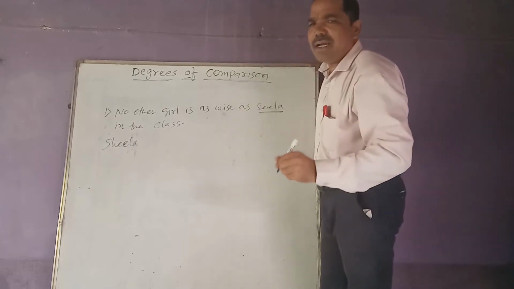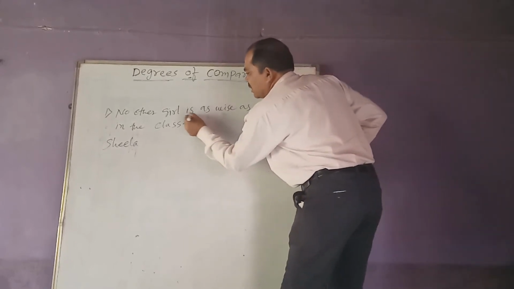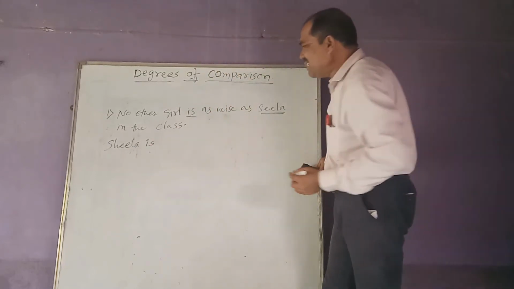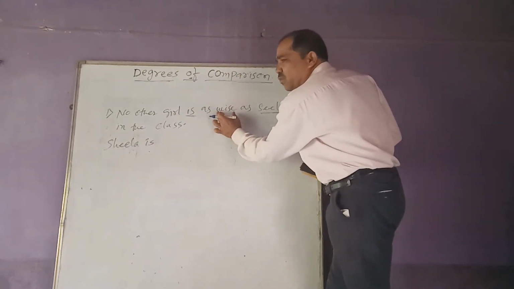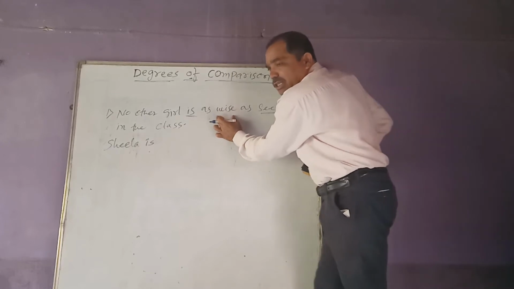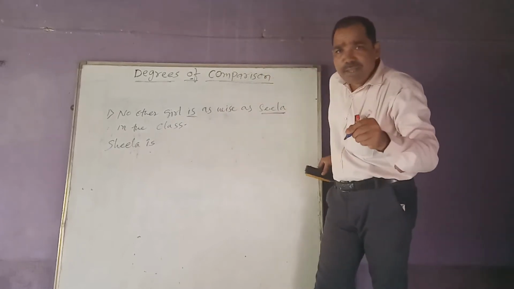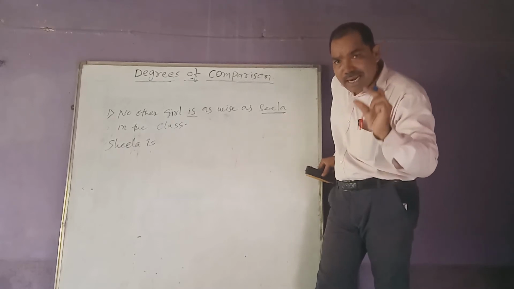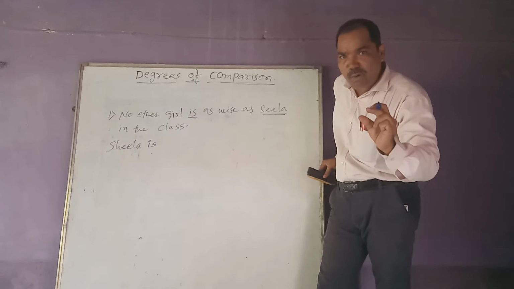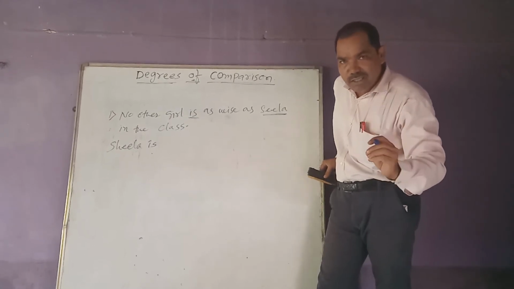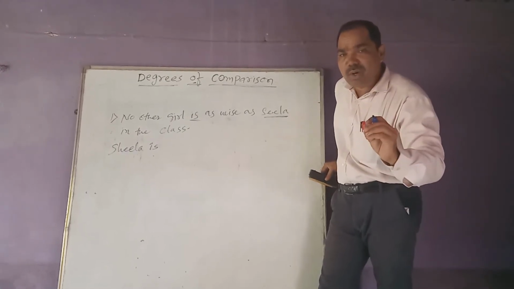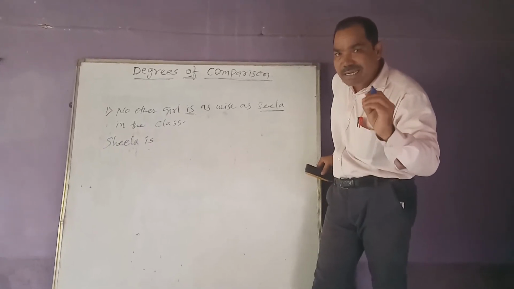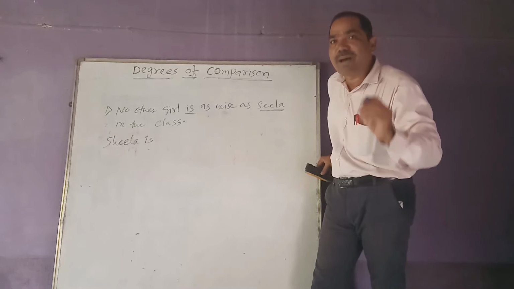Then Sheila is, as usual, with the helping verb: Sheila is. Now, wise is there. What is wise? Wise is an adjective. Try to understand, my dears: in degrees of comparison, if the adjective ends with a vowel sound, then that adjective must be tagged by er.